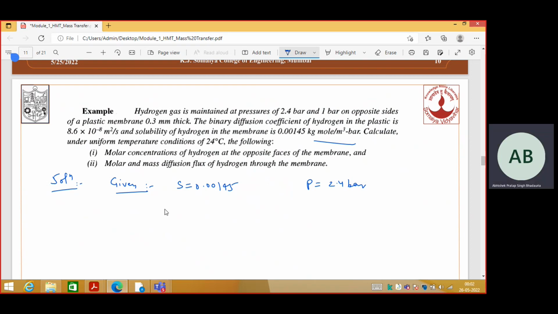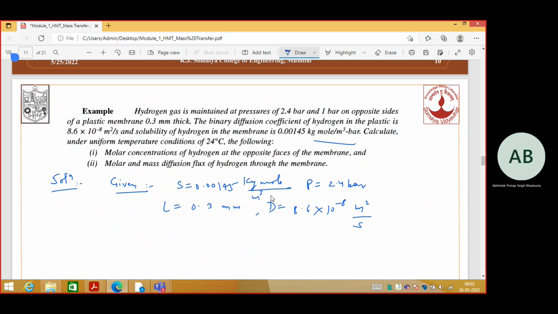Now the length is given, that is 0.3 mm, and the diffusion coefficient is given, 8.6 into 10 to the power minus 8 meters square per second. Write the unit kg mole per meter cube bar. These are the units.